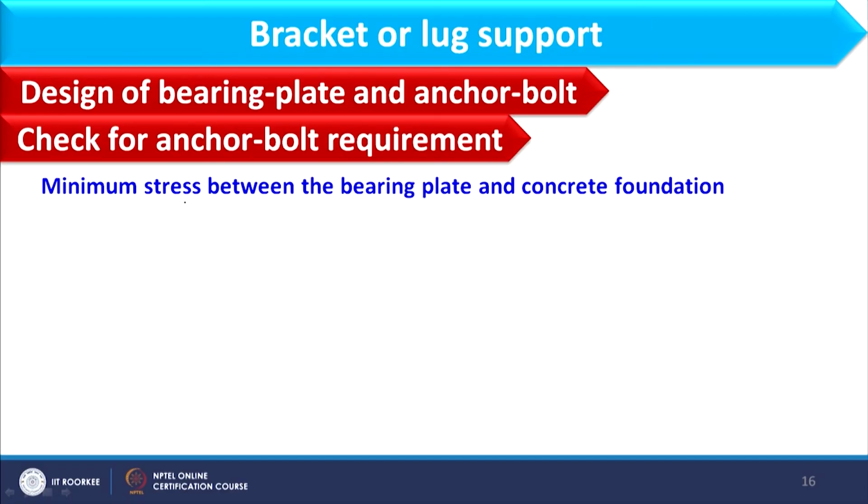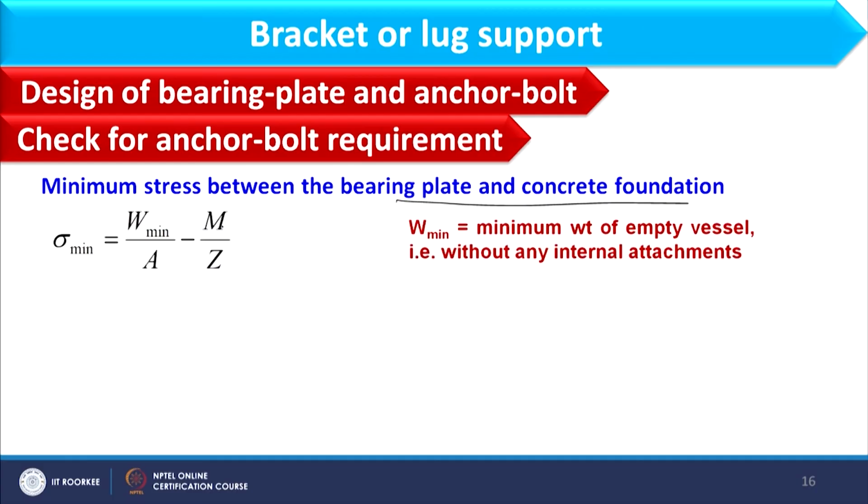Now, next point we will consider whether anchoring is required or not. For that purpose, minimum stress between bearing plate and concrete foundation should be computed using this expression where sigma minimum is equal to W minimum by A minus M by Z. Now, why am I considering the minimum stress?